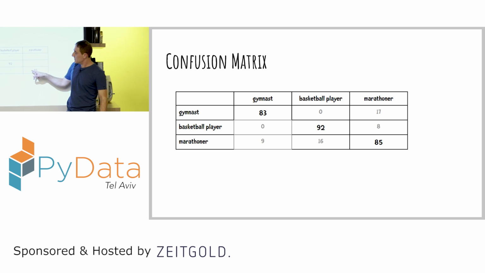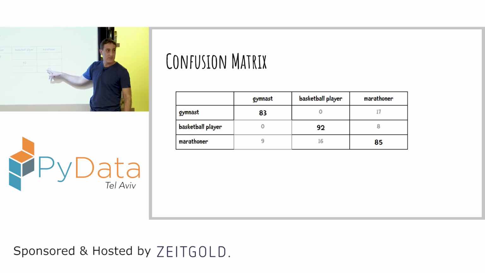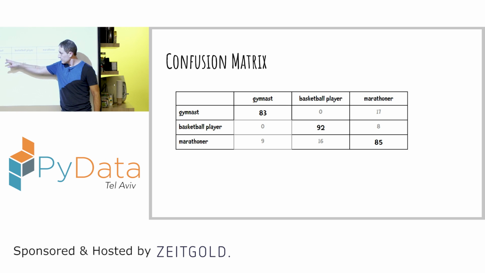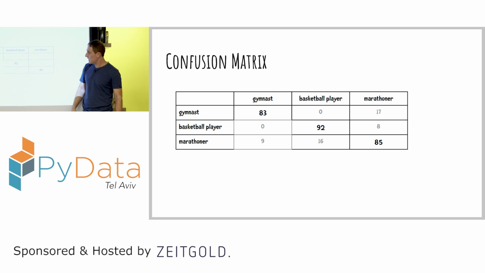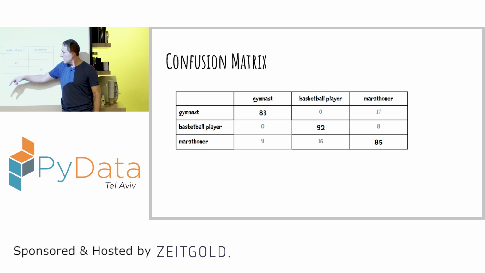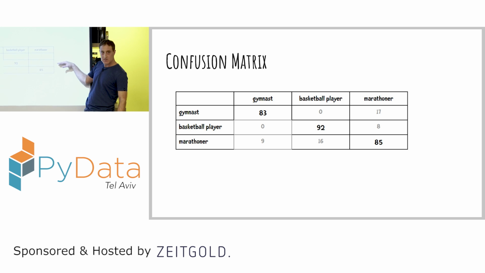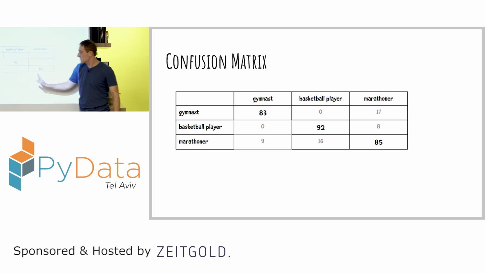On the diagonal, you get all the true positives, each class's positives. Then you can see here all the ones that you missed. You can calculate the precision on this axis and the recall on that axis.